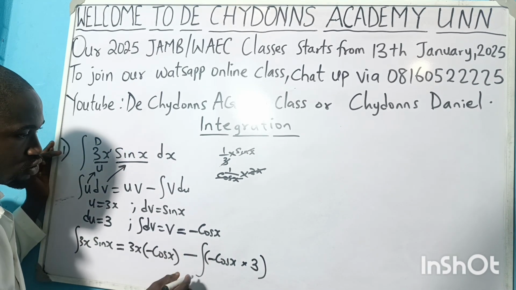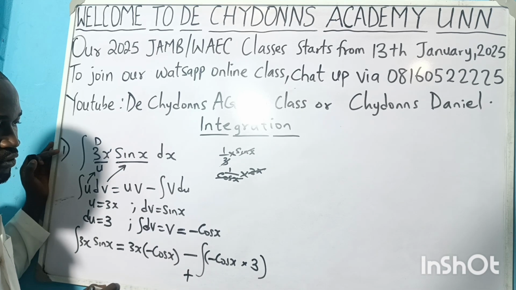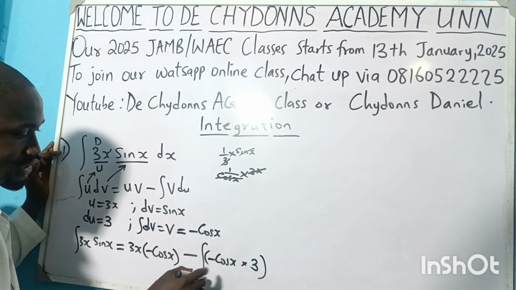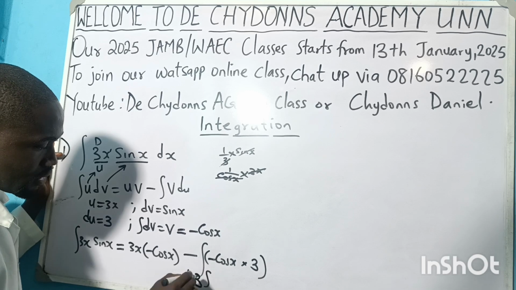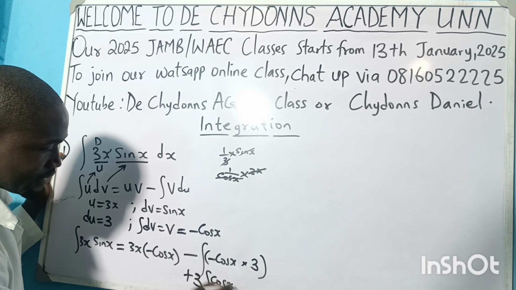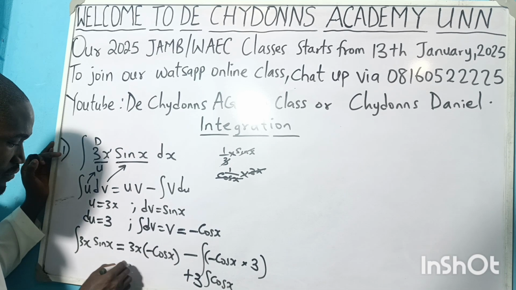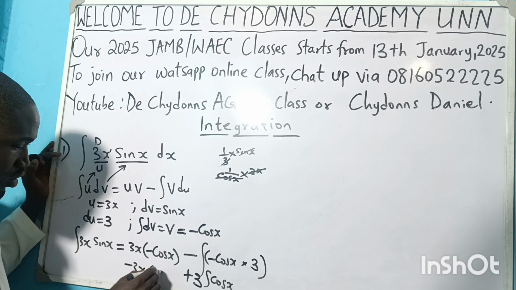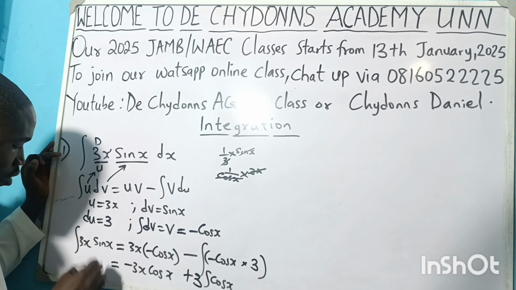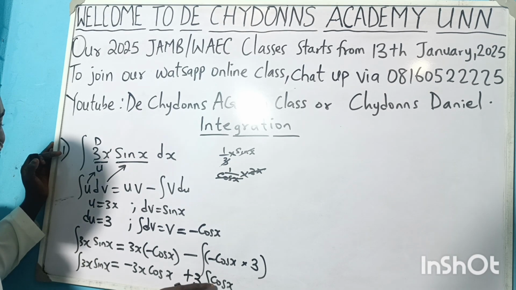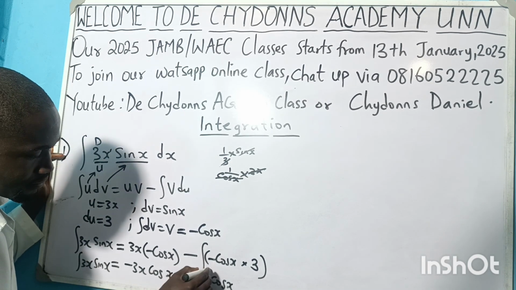Minus times minus will be giving you plus, right? 3 times this will give you 3 integral cos x. Then this times it will give you minus 3x cos x equals integral 3x sine x. Wow. What is integral cos x?